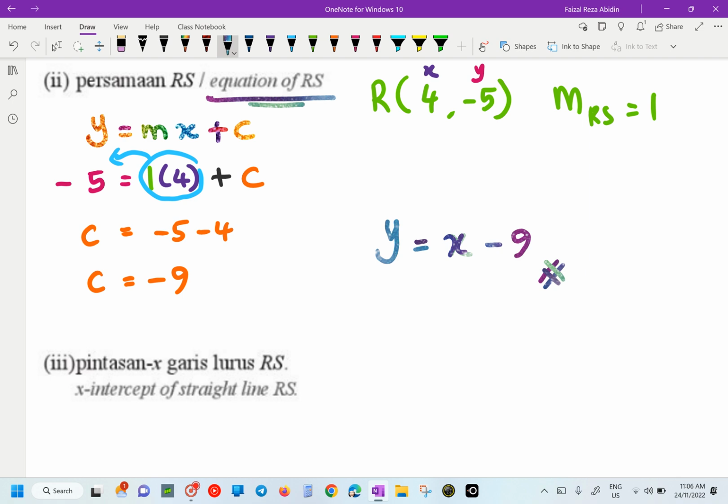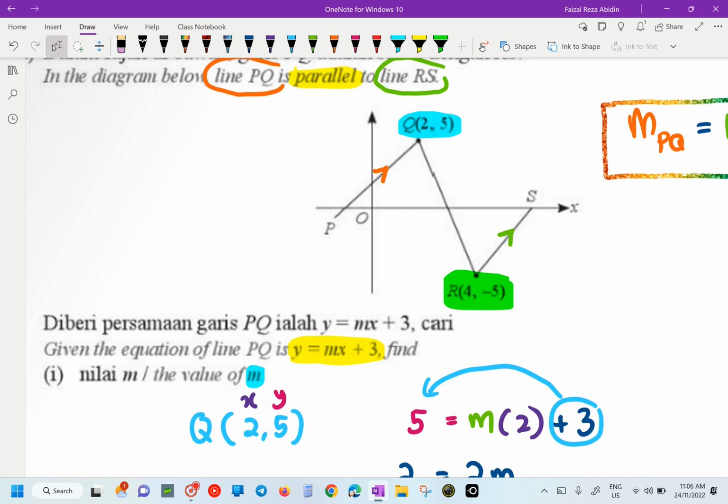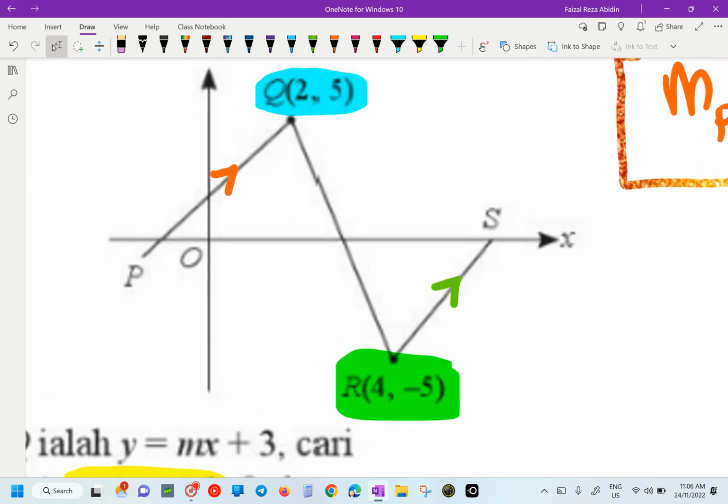The third question: find the x-intercept of straight line RS. If you look at the diagram, which one is going to be your x-intercept? This is supposedly your x, yes. So the intercept at x is going to be our point S. Did the question give us point S?